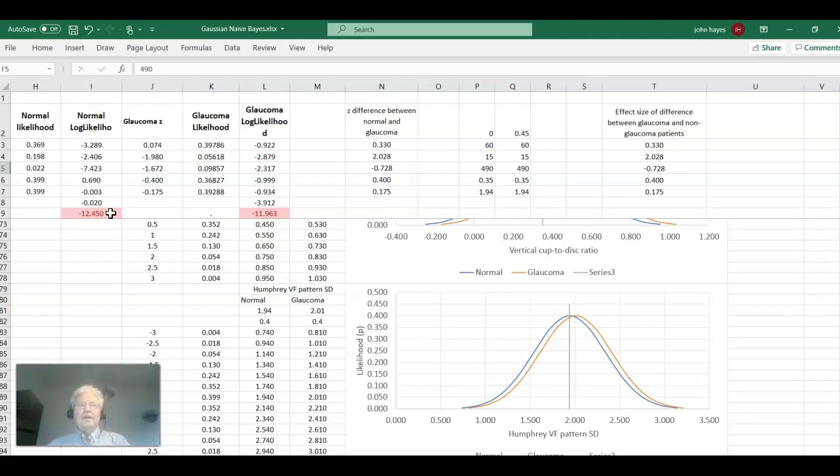Well, when you follow them over time, what are you looking for? What this particular tool, this Gaussian naive Bayes formula, allows you to do is follow them a little bit more closely and maybe start them on drops a little sooner if these two sums differ by a lot.